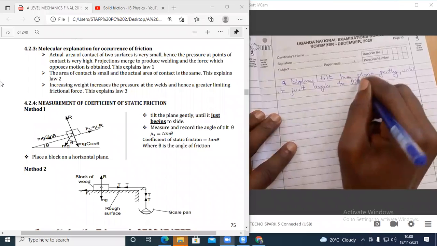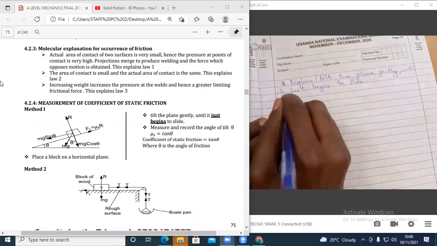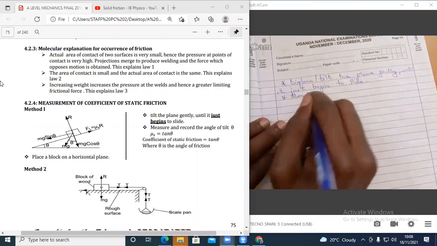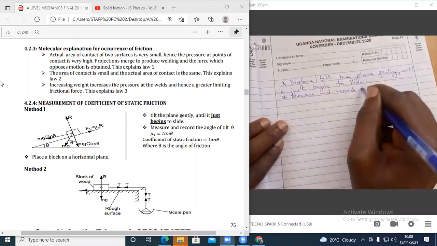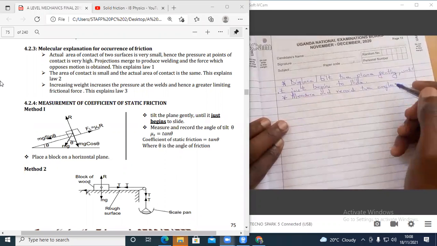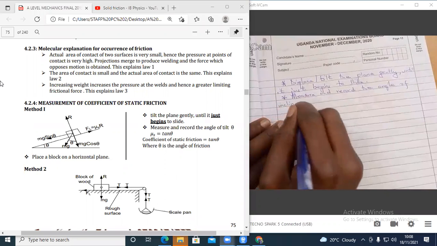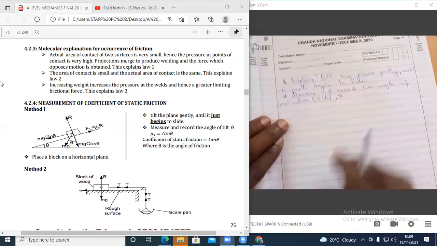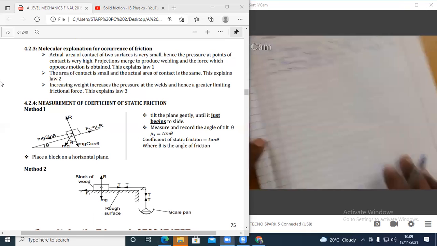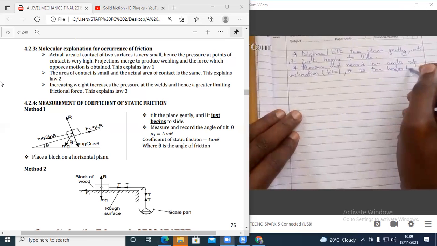After that, measure and record the angle of inclination, in bracket angle of tilt, theta, to the horizontal.